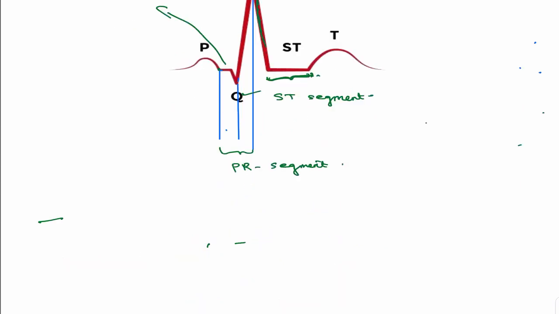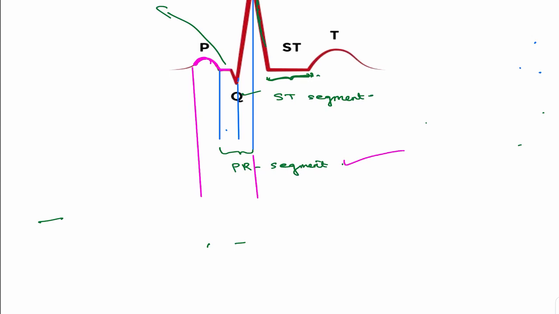Now we see intervals. The first interval is the PR interval. The R is the same, but the P has changed because there should be a combination. The PR segment was simply a small segment, with no combination of anything. When we take an interval, there should be something extra combined, so we are adding a wave plus a segment.